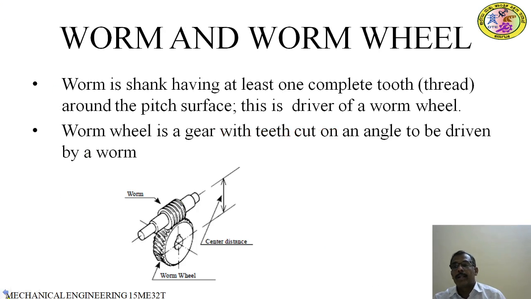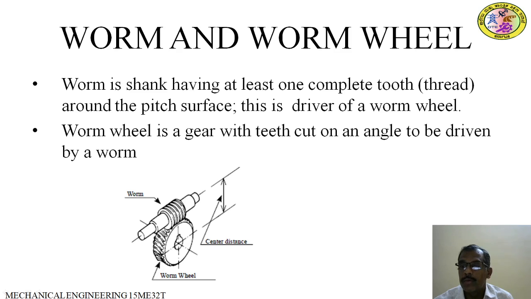Okay, worm and worm wheel. You see here, this is the worm, whereas this is the worm wheel. A worm is a shank having at least one complete tooth or thread around the pitch surface.